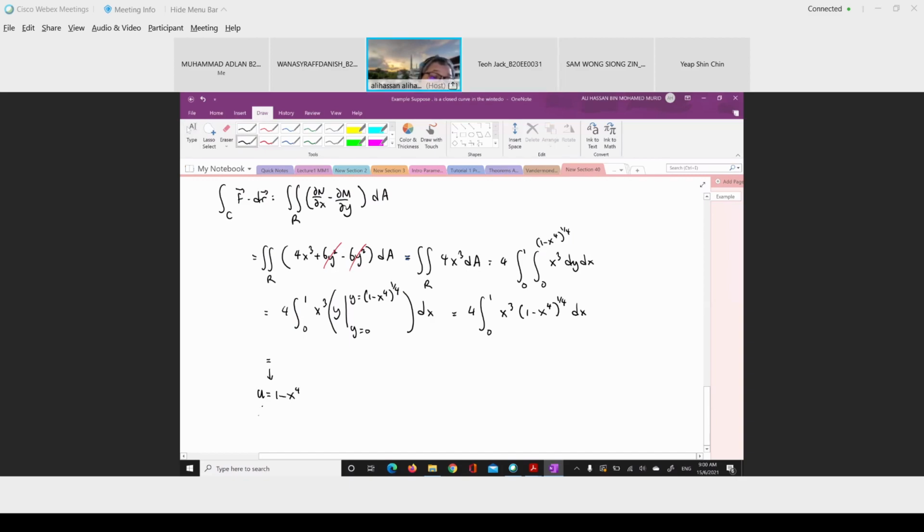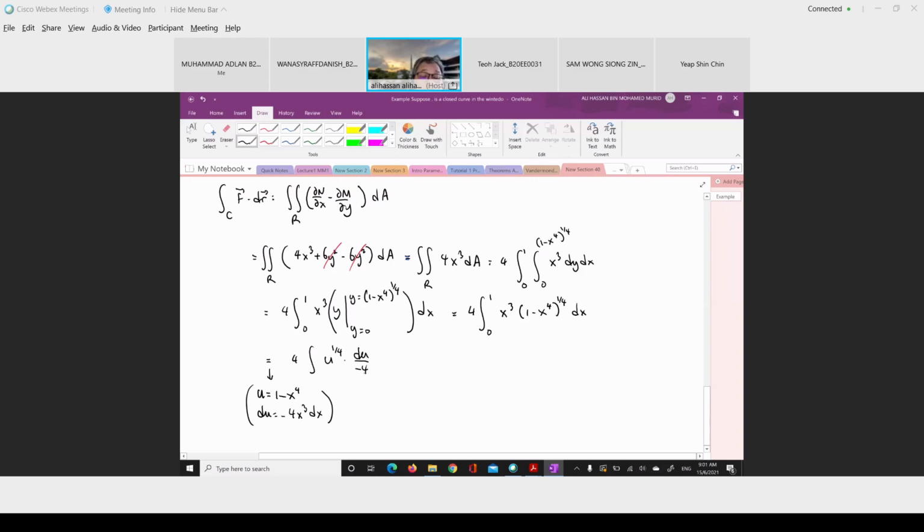So du is minus 4x cubed dx, right? So 1 minus x to the power of 4 is u, and x cubed dx is du over minus 4.